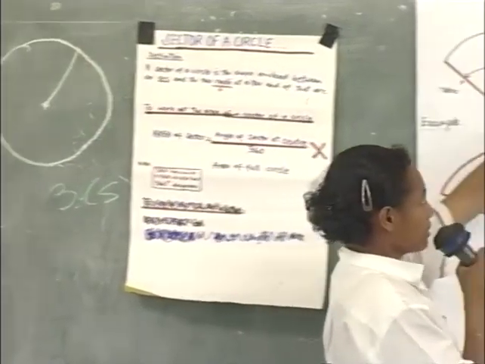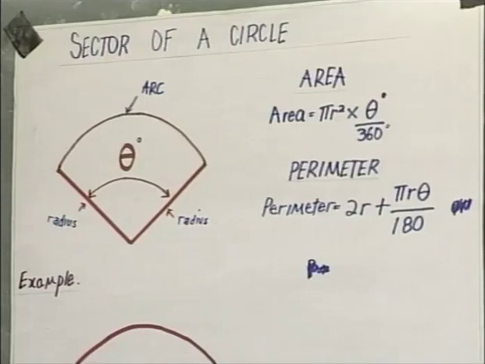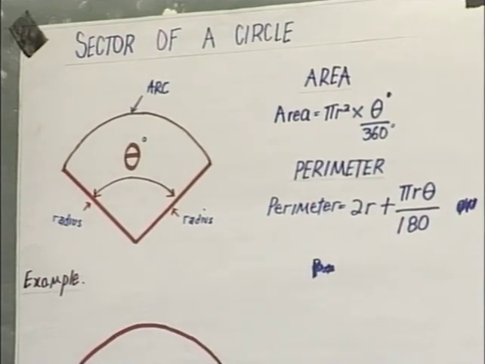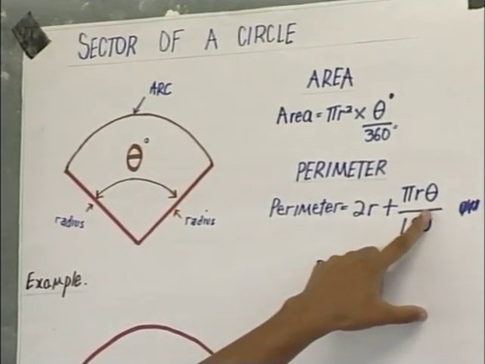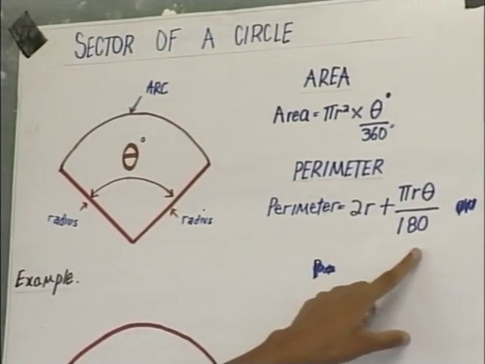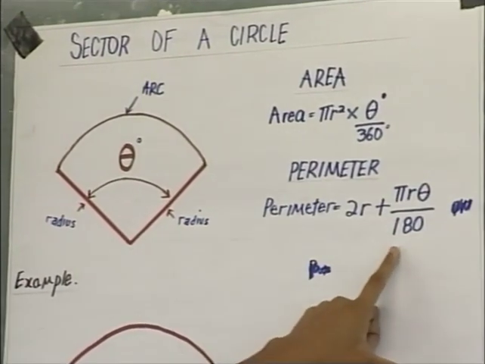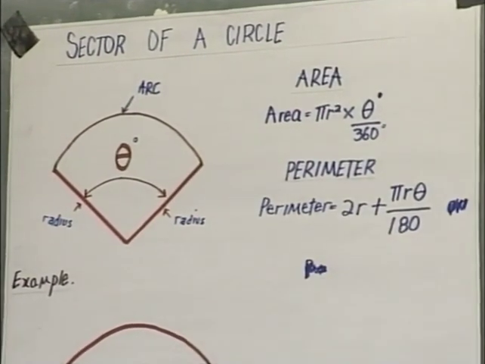The formula is here: area equals pi r squared multiplied by angle of sector at center divided by 360 degrees. For the perimeter, it equals 2r plus pi r times angle of sector at center divided by 180 degrees. We got this formula by multiplying angle at center divided by 360.